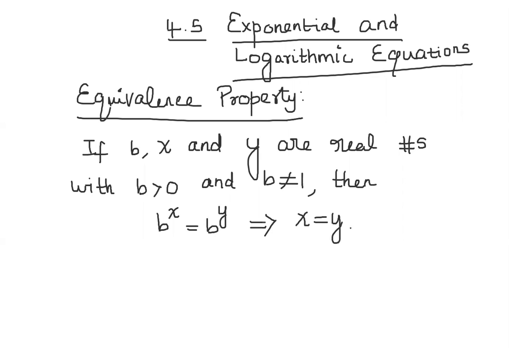So basically, if you have the same base, where b denotes the base, then the powers are going to be equal. This is the equivalence property we are going to use to solve exponential problems.